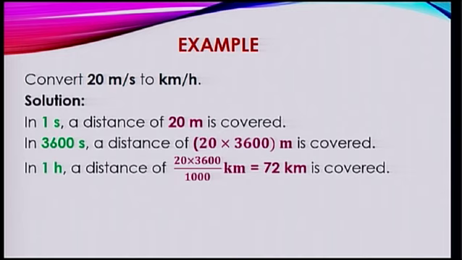Therefore, we can say that in 1 hour, a distance of 20 times 3,600. Now, remember, we want to convert meter to kilometer, so you divide by 1,000. That will be 72 kilometers. We can say that 20 meters per second is simply 72 kilometers per hour.